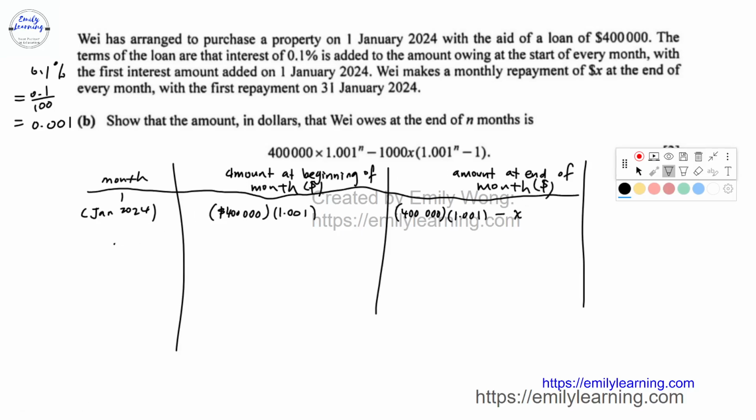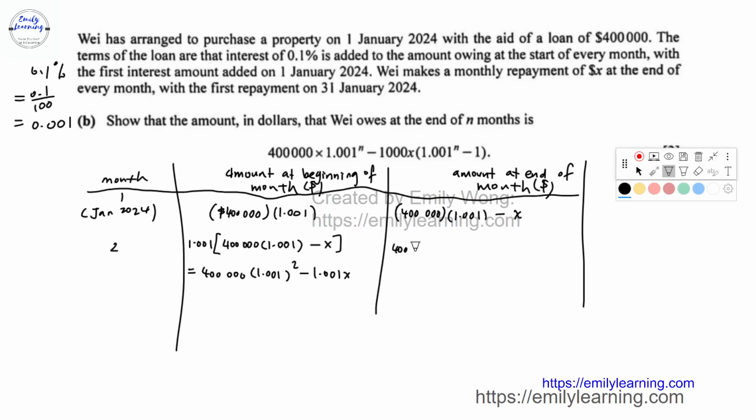Now let's move on to the second month, which is February. At the beginning of the month, this amount here will be charged interest. So the amount will be 1.001 times 400,000 times 1.001 minus X, which will give us 400,000 times 1.001 squared minus 1.001 times X. Then at the end of the second month, the amount will simply be this amount at the beginning of the month minus X, because Wei makes a repayment of X dollars.